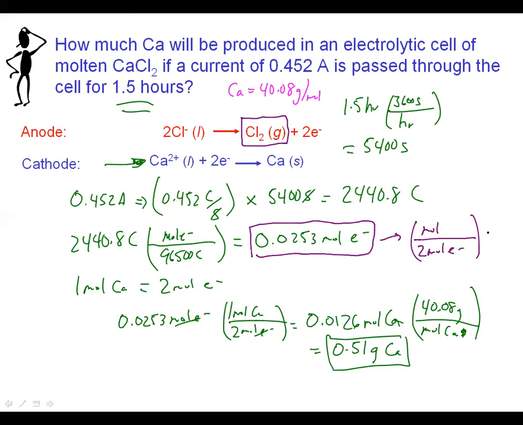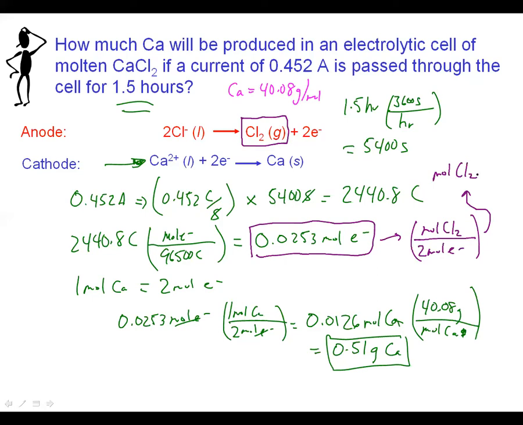And that would get us to the moles of chlorine, which again, in that particular case, you could either use the molar mass of chlorine to figure out grams, or if they gave you some information about pressure, temperature, or something like that, you could have figured out the volume of chlorine gas you would produce as well. Any questions on electrolysis problems?